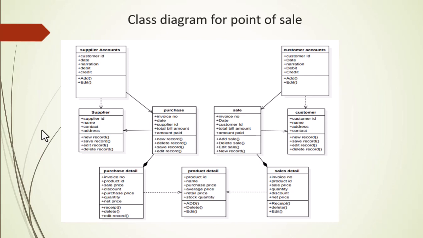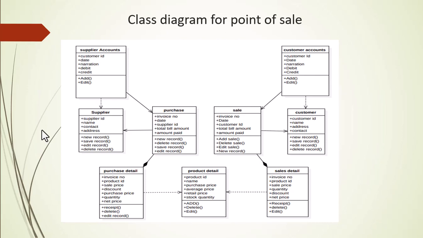There are two major modules. One is purchasing, another is selling. The sale module consists of different classes and components, and the purchase module consists of different classes and components. And another module is the product detail, which is integrated with both purchase and sale.